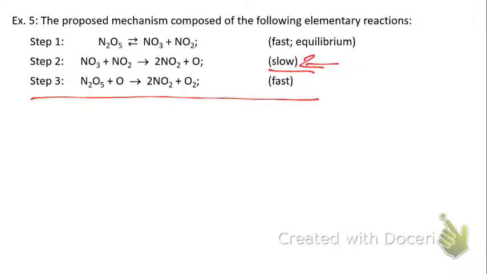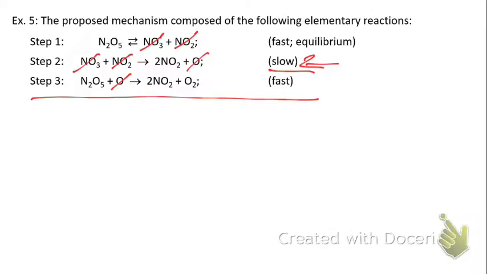All right? So I see that I can get rid of NO3 there and NO3 there. I can get rid of the NO2 and the NO2. I can get rid of this oxygen and that oxygen. And that is all I can get rid of, I believe. Yep, so now all I can do is add everything up.